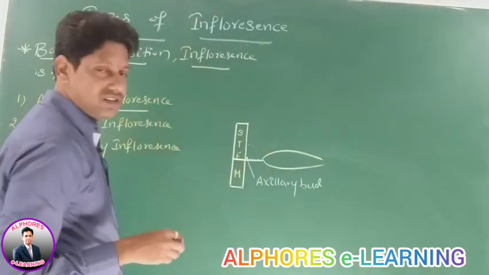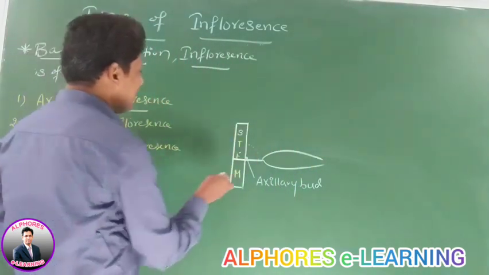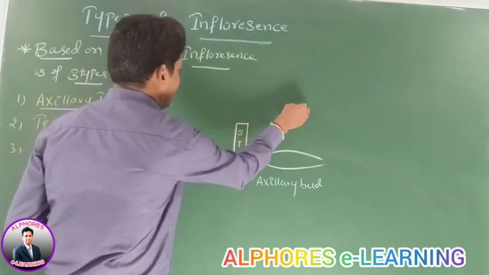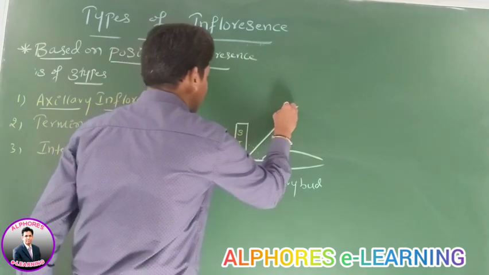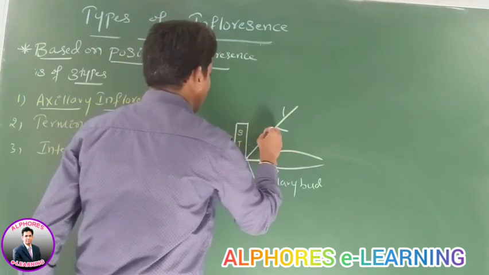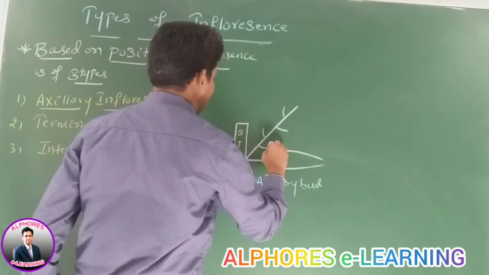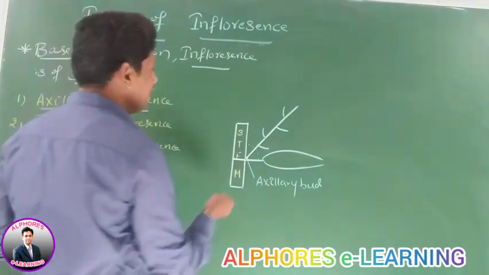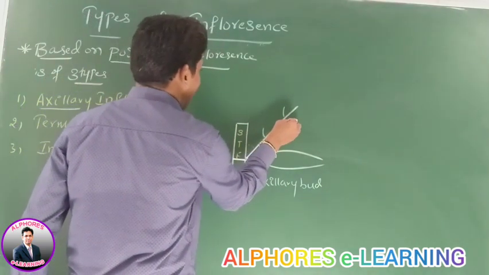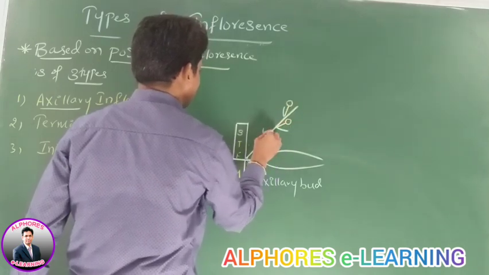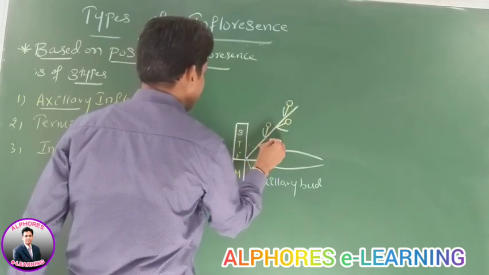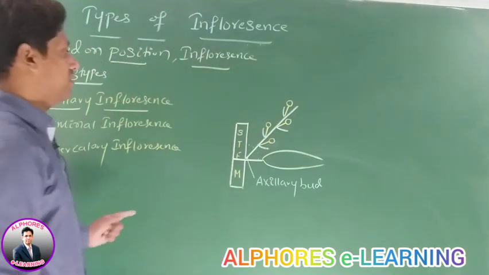This axillary bud has developed into a peduncle. On the peduncle, bracts are present. From the axil of these bracts, flowers are developed.